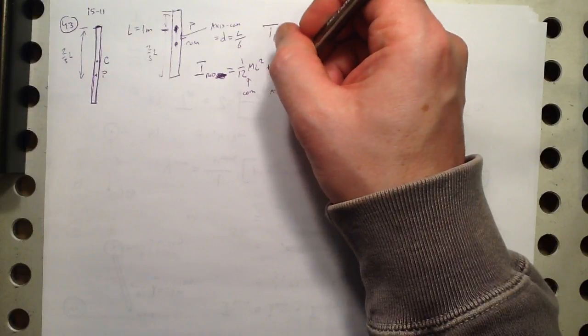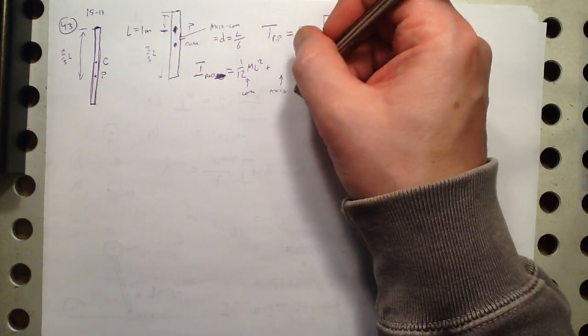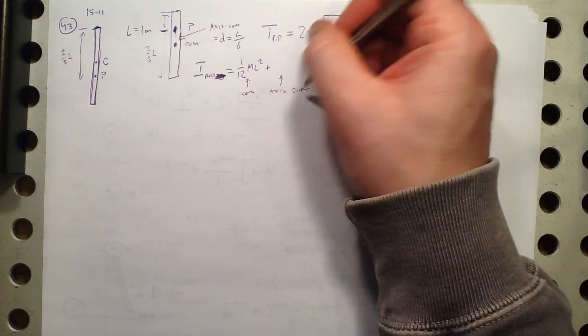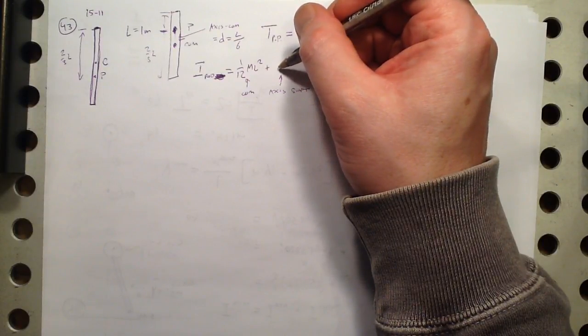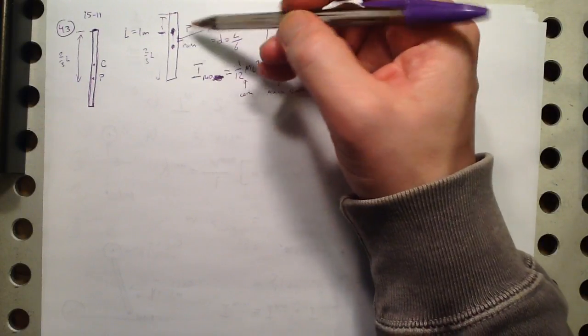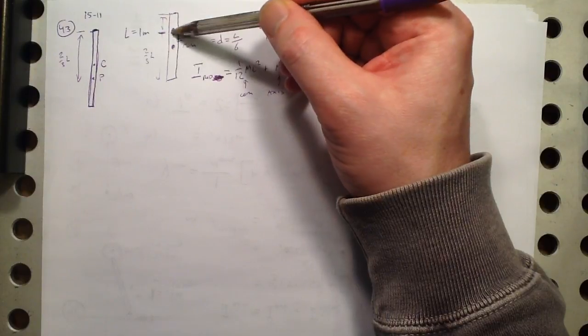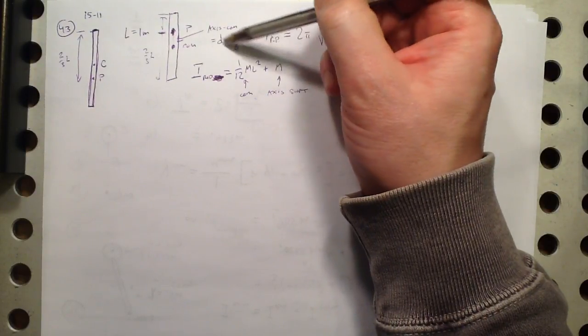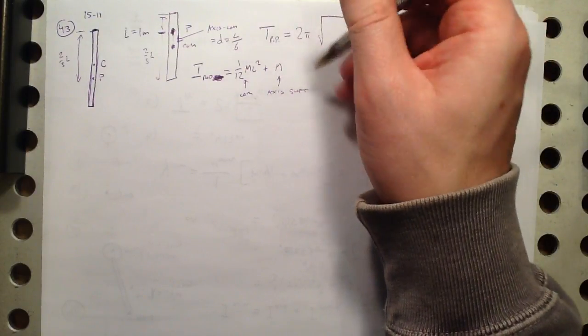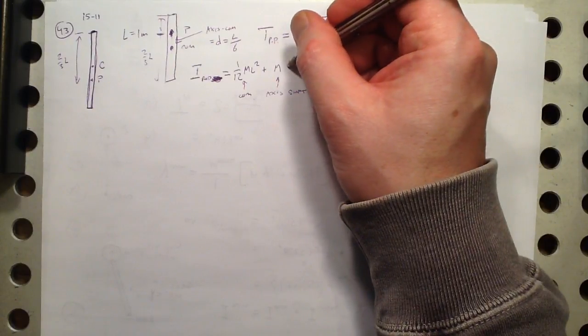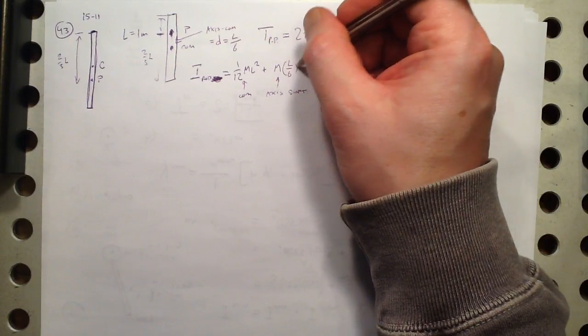And then the axis shift, that's m times the shift squared. So how much have I shifted from the axis? Well, it's the same as the d, right? It's the axis to the center of mass. So that's L over 6 squared.